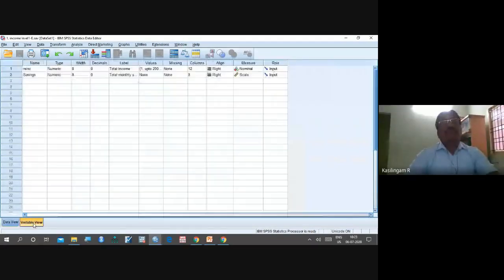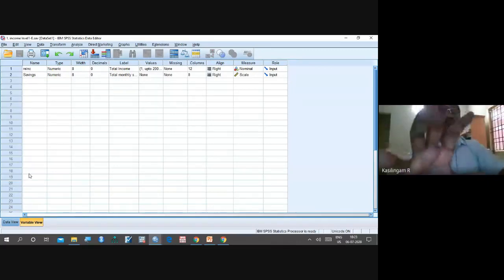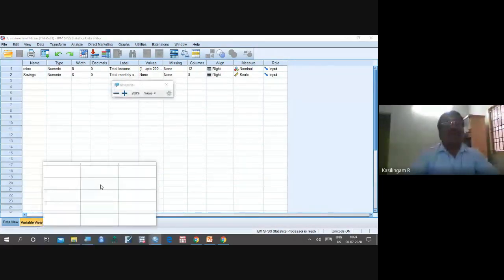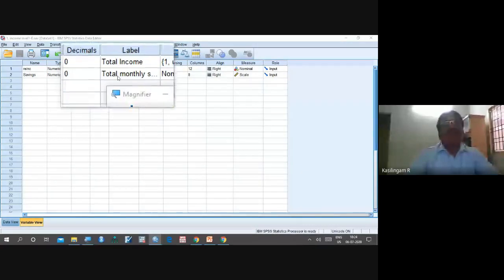Now in variable view, I want to know what is available in the data set. The data set name at the top is written income level. It contains two variables.